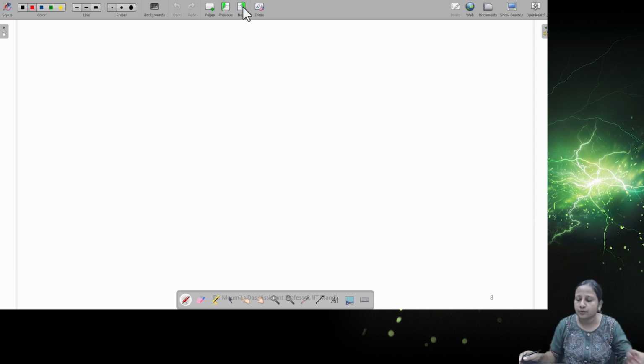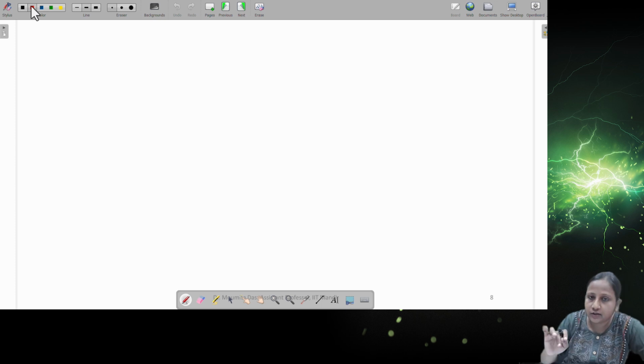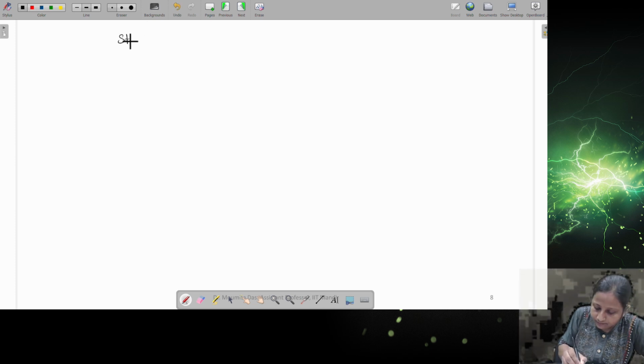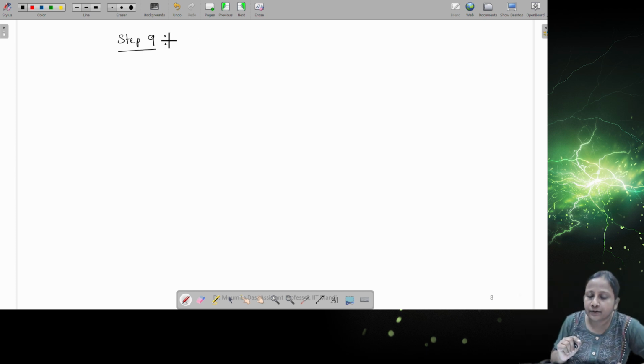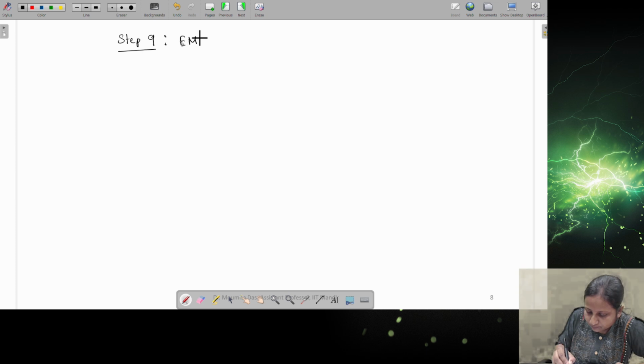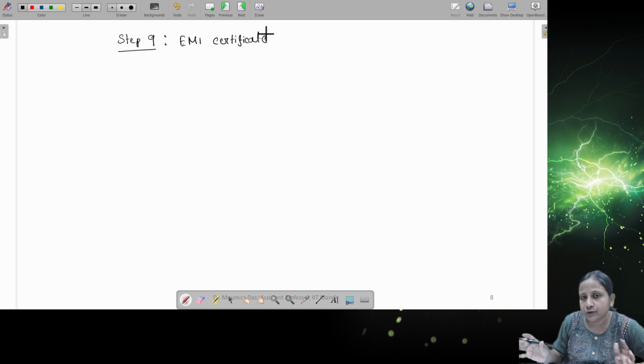Now you can use this kind of filter, and if it is working fine, the last step, step 9, I guess, is that the EMI certificate can be provided for the particular product, because when we are using the system for any application, this EMI certificate is required.